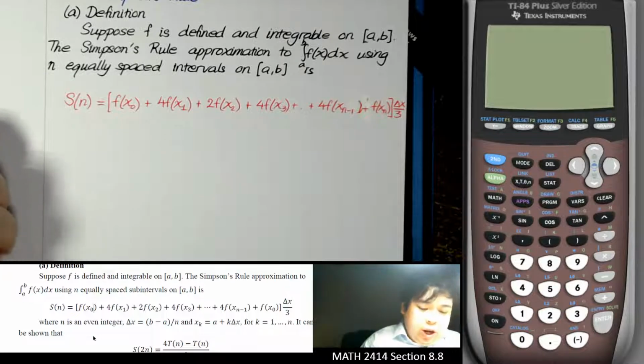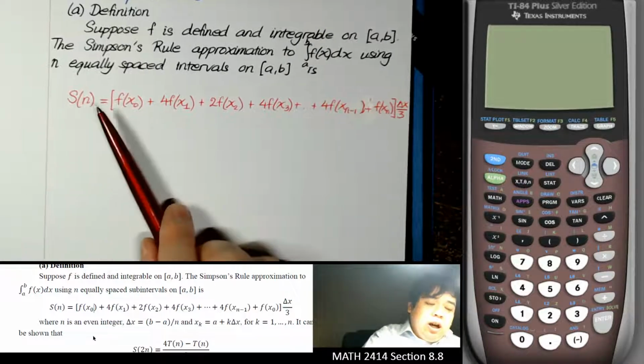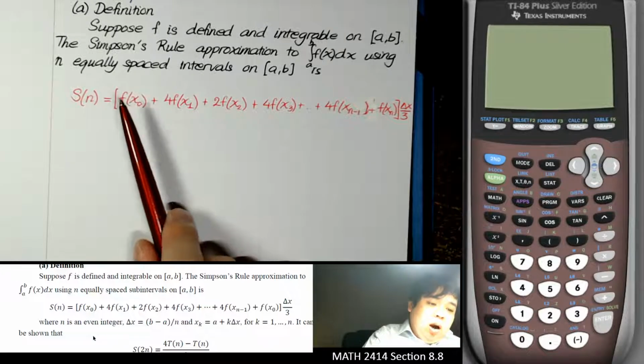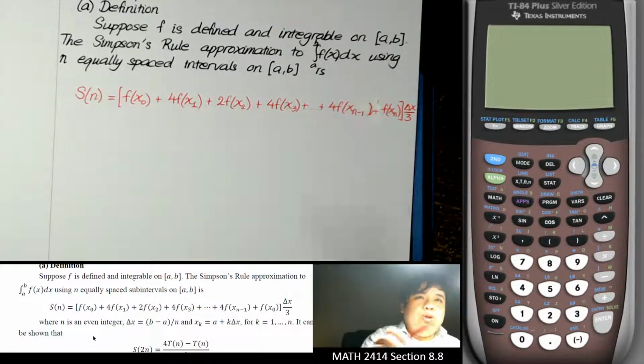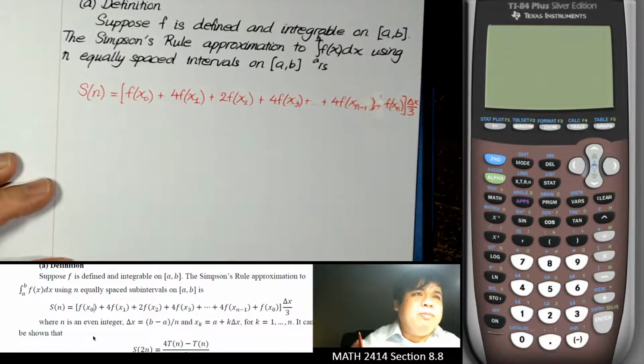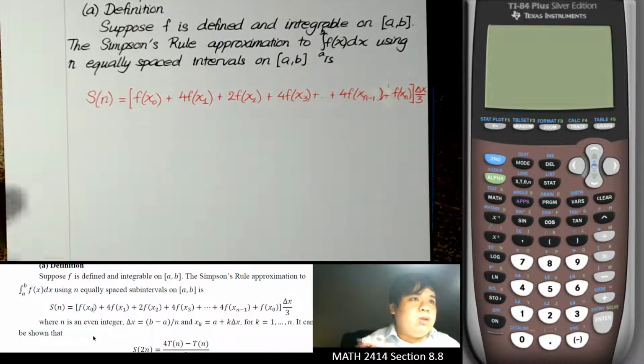Right, so what we have in terms of coefficients is 1, 4, 2, 4, 2, 4, 2, 4, 2, and then 4, 1. Right, where does that come from? I'll explain in a minute.